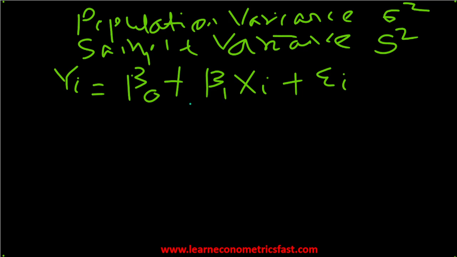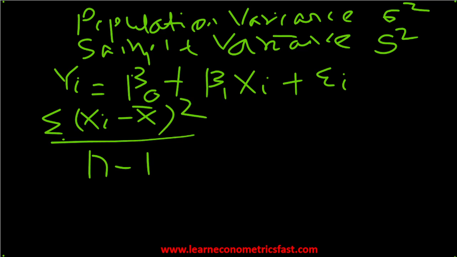In this case, the earlier equation, summation xi minus x bar whole square divided by n minus 1, will not work here, because now we are having both x and y values. So the formula will change.